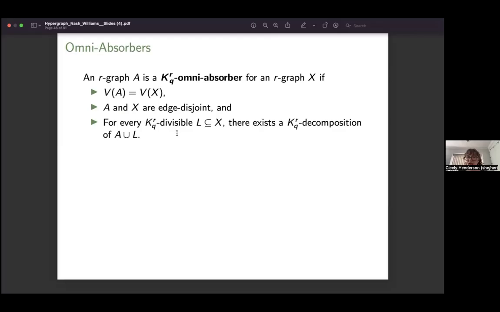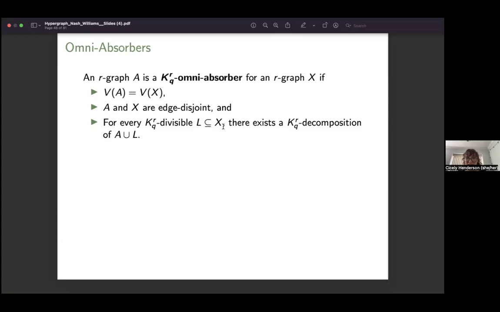For every KQR divisible subgraph L of X, there exists a KQR decomposition of A union L. So A is really powerful in that no matter what part of X is left, as long as it's KQR divisible, A says, don't worry about it, I got it. I can decompose this and turn the almost decomposition into a complete decomposition.